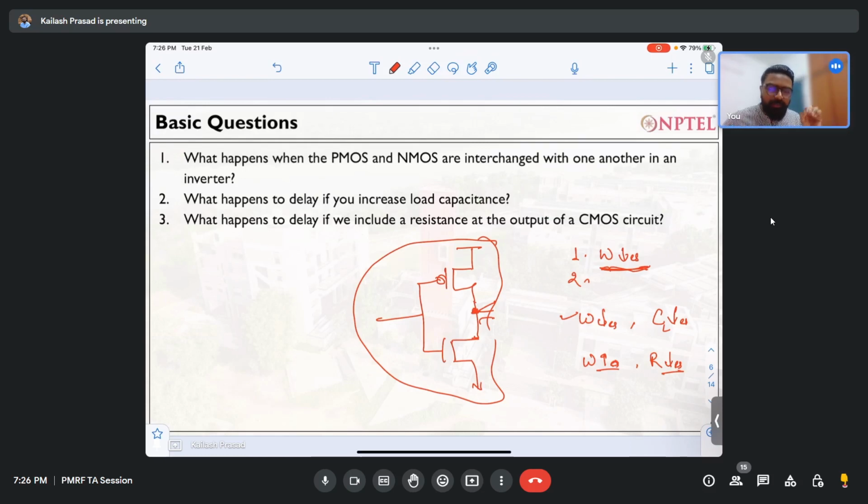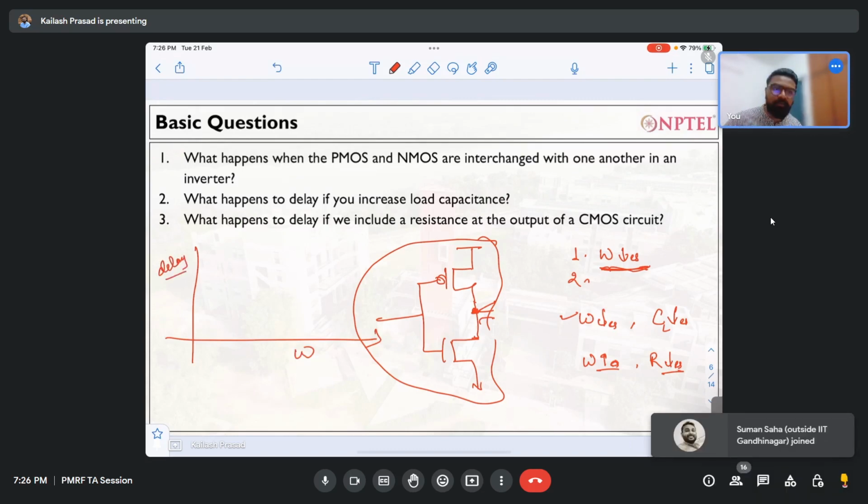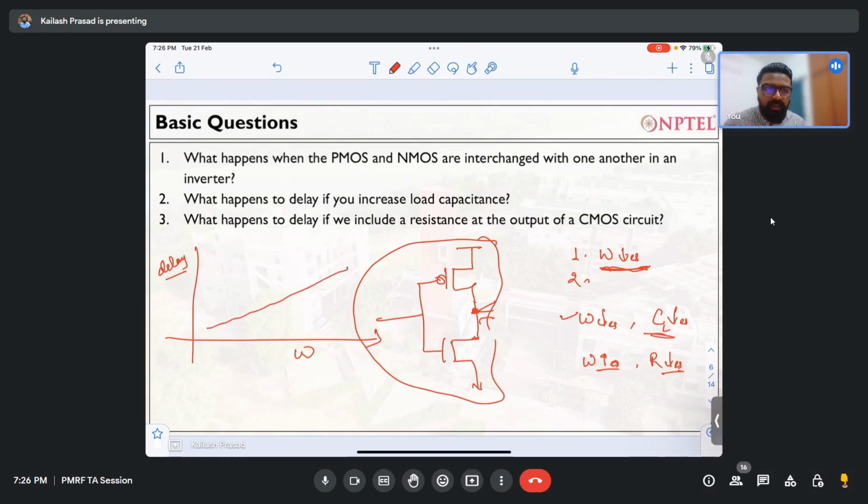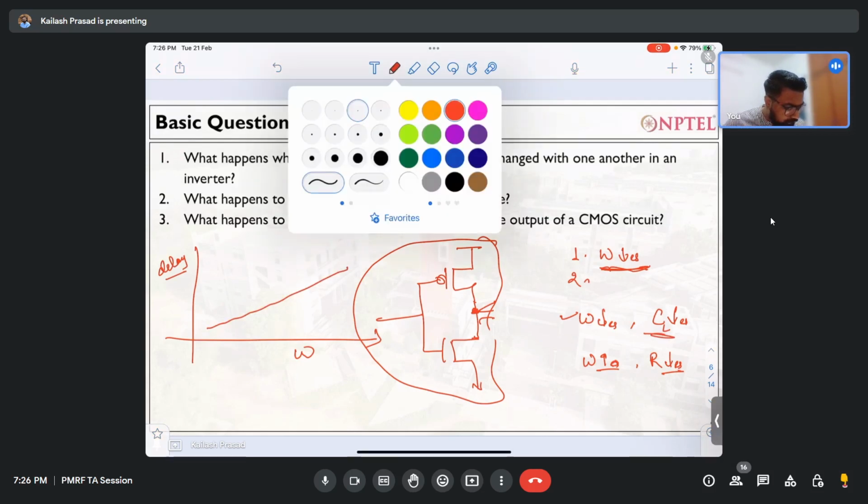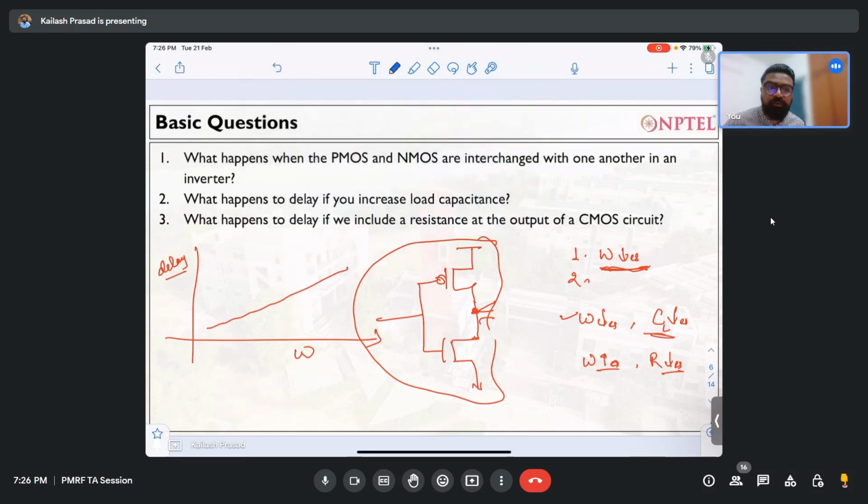If this axis is W, and I'm making a very rough graph, and this is your delay, what will happen to capacitance if I increase W? The capacitance will increase, right? What will happen to resistance if I increase W?